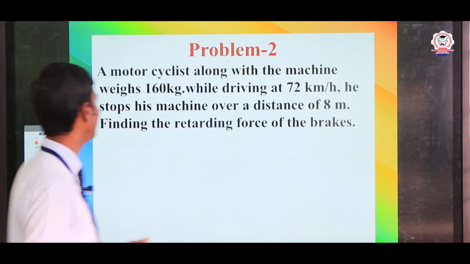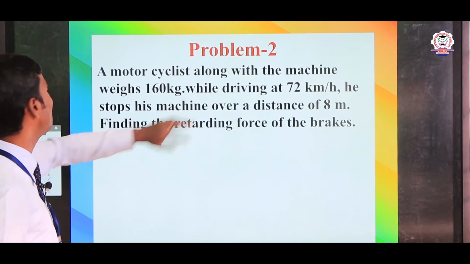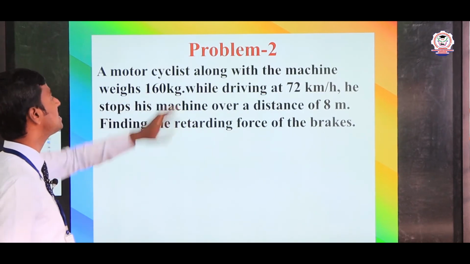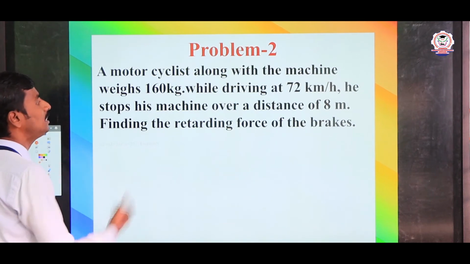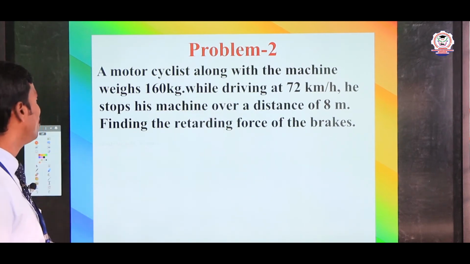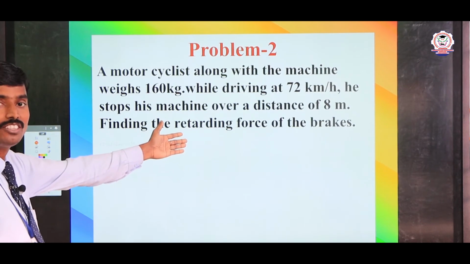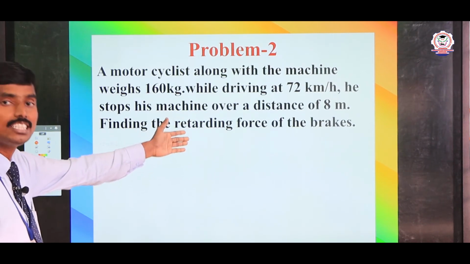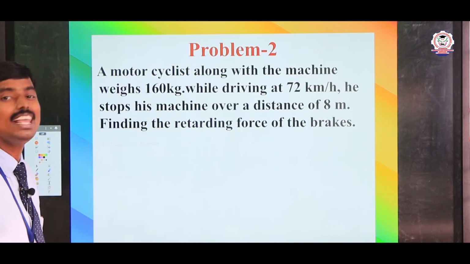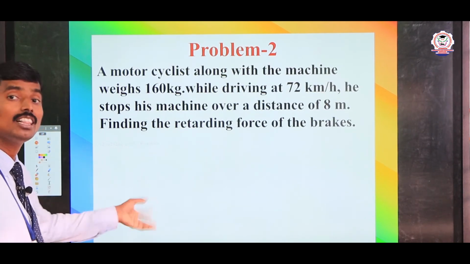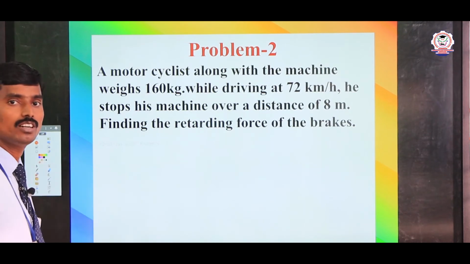So the motorcyclist along with the machine weighs 160 kilogram, driving at 72 km per hour, and stops over a distance of 8 meter. First find the retarding acceleration, that is, deceleration, then find the retarding force.